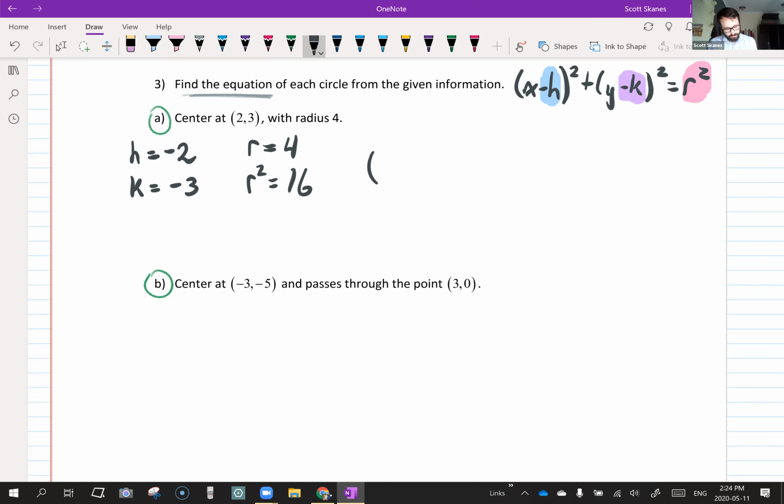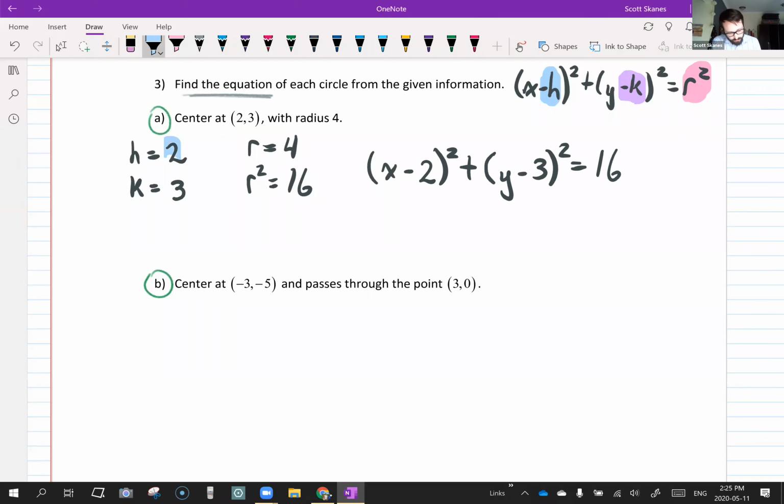What I get is x minus h. Sorry, this is not negative yet. This is just 2 and 3. So we say x minus h, x minus the 2. And we got our answer. Square it, plus y minus k, so y minus 3, all squared. And then our r squared here is 16.